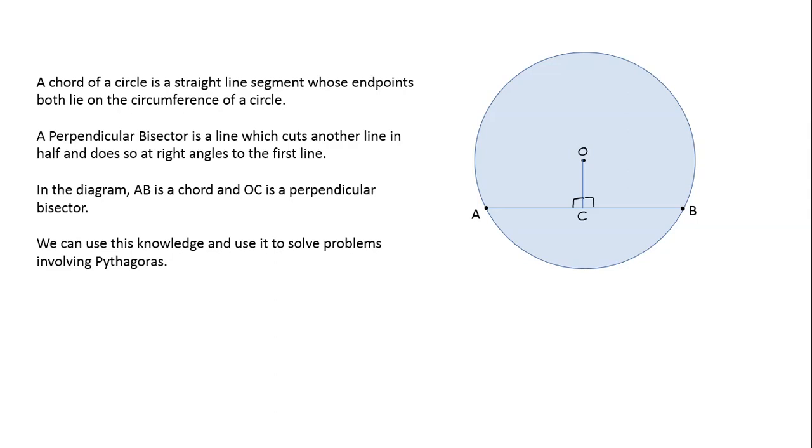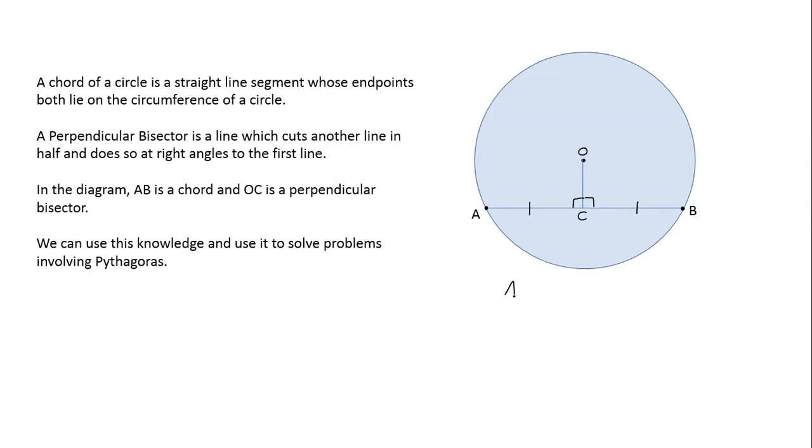A perpendicular bisector is a line which cuts another line in half and does so at right angles to the first line. So again, if you look at the diagram, we've got this line OC, and it is a perpendicular bisector for the line AB, which means that it cuts it in half.